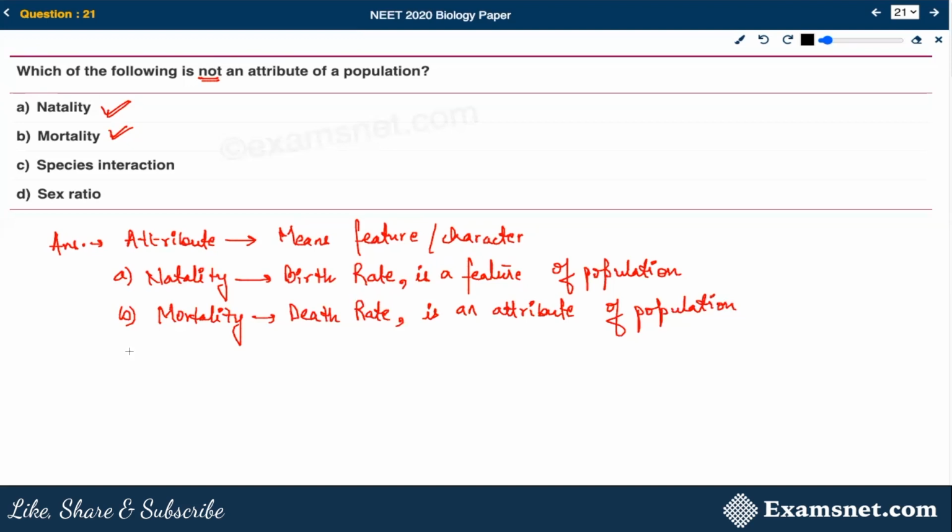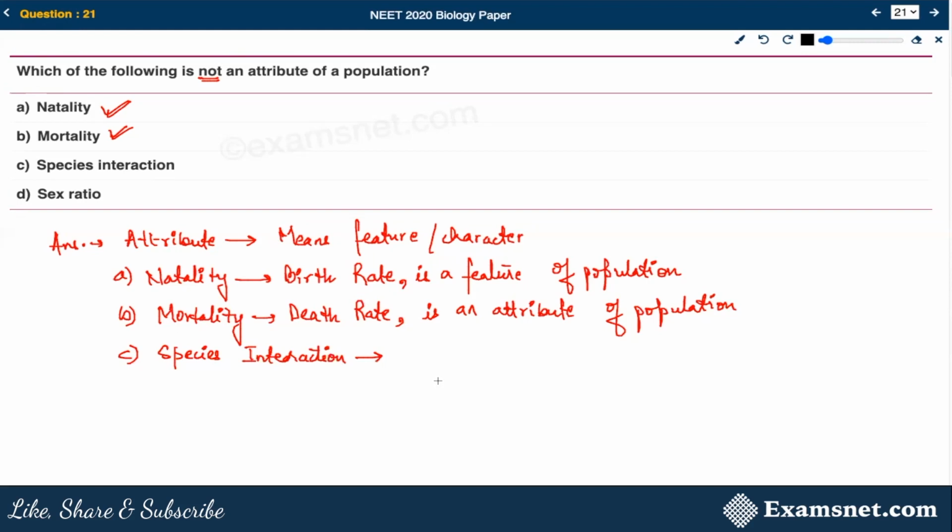All right. Then the C option says species interaction. Species interaction is not a feature of population, because we know that population is a group of organisms of similar species. But in the case of species interaction, different species will be involved.